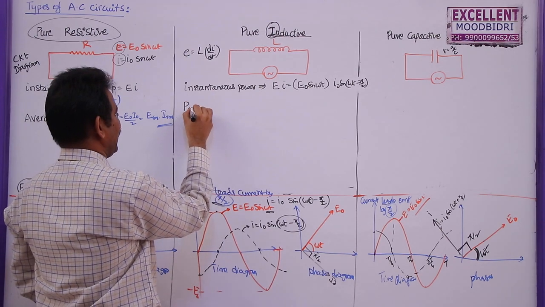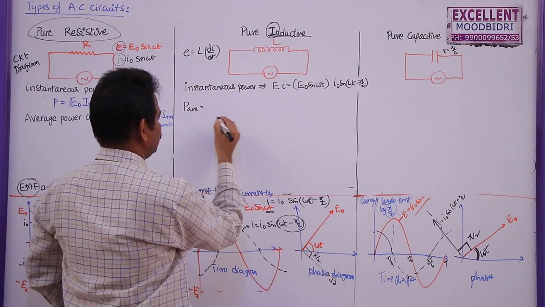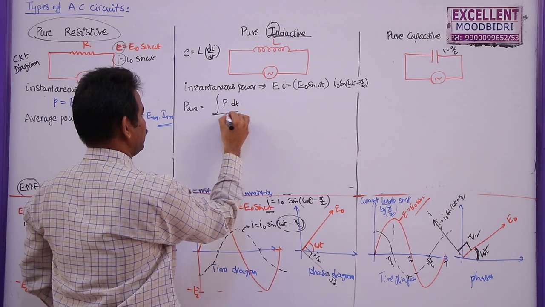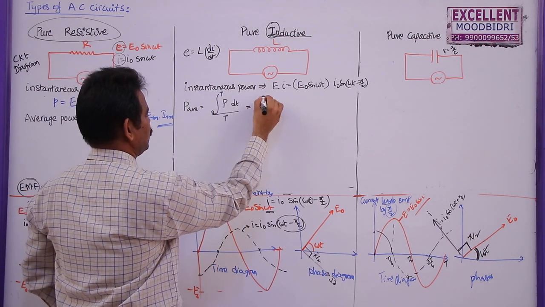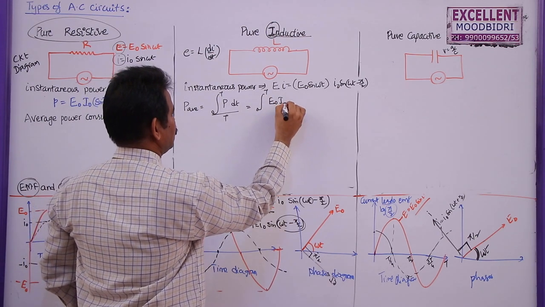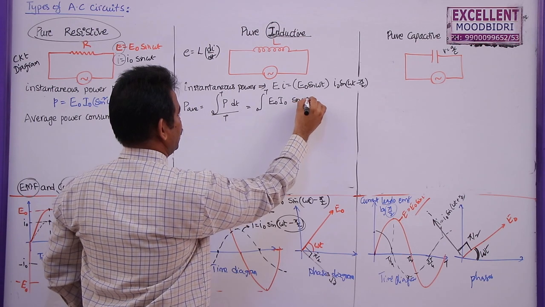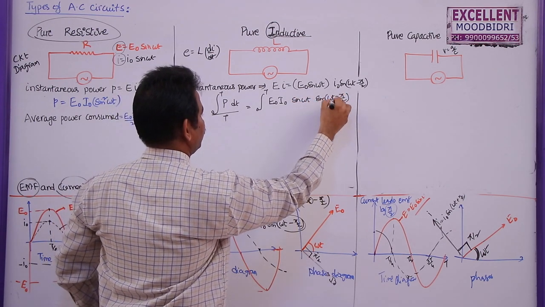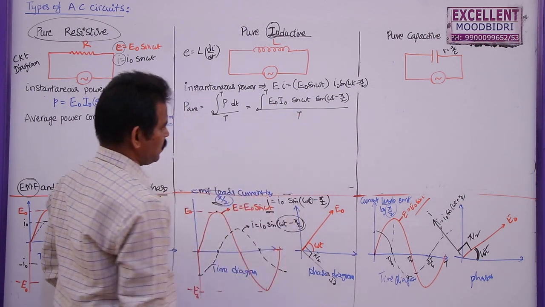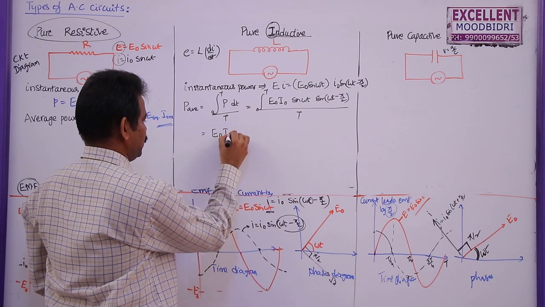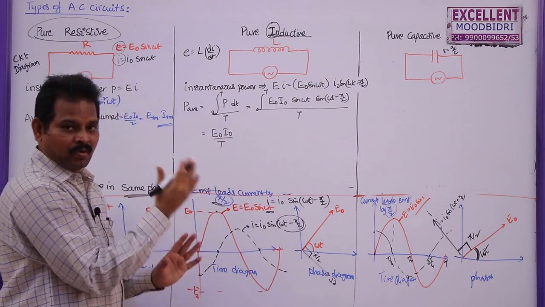So what is the average power? The product of these two, so I am going to write integral P dt by T directly, from 0 to T, integral 0 to T, E naught I naught sine omega t sine omega t minus pi by 2, by T here. So we can write this as E naught I naught by T, constant, bring them outside.